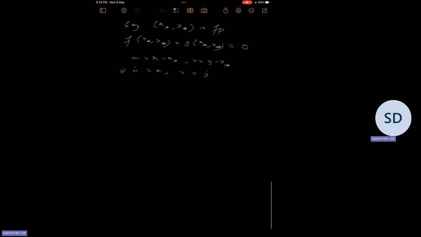Now we do a Taylor series expansion of the function f about the fixed point.